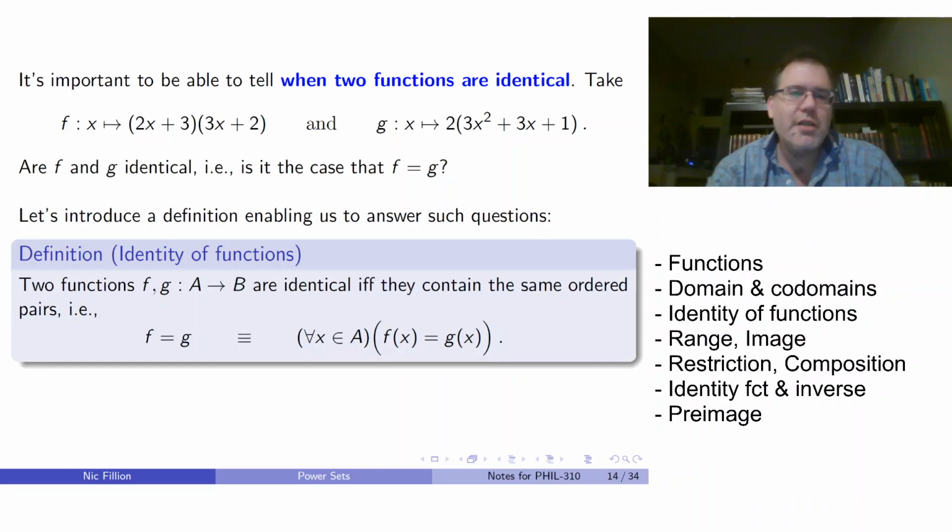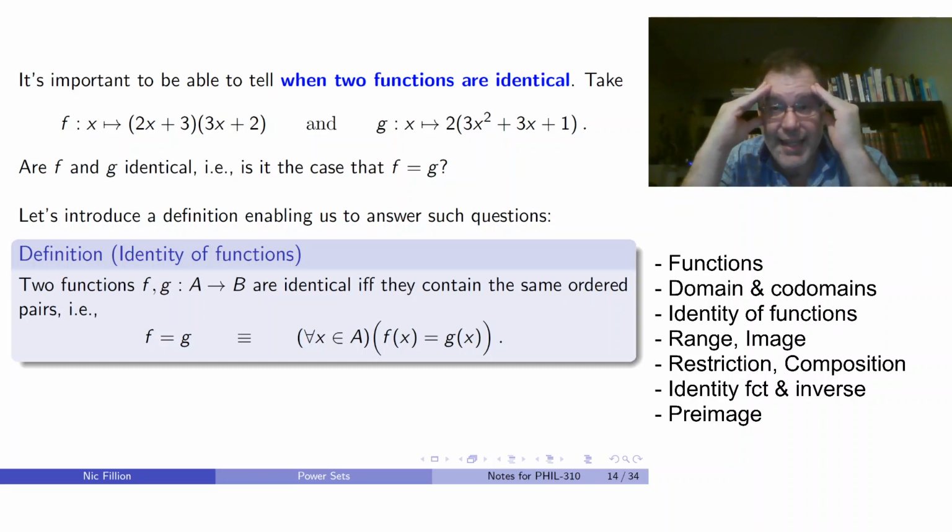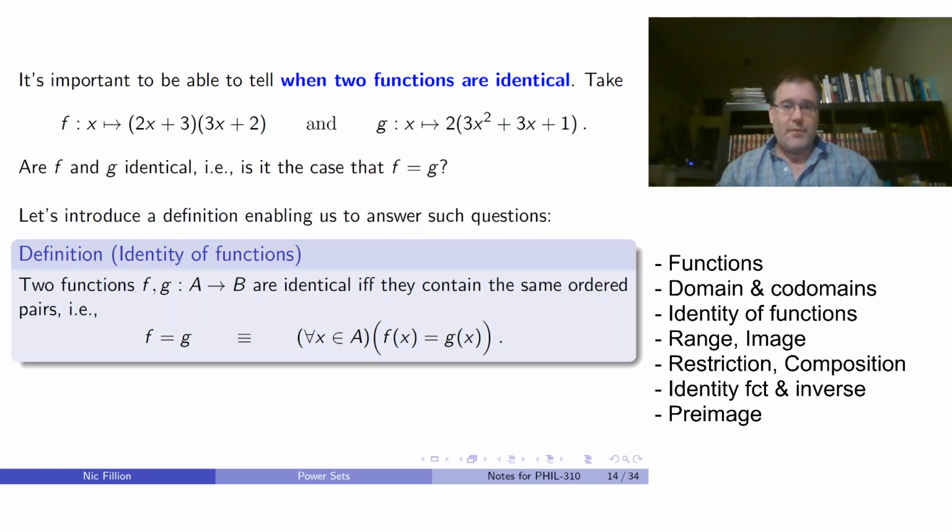So two functions, sometimes we're going to list like f, g to say f and g are both functions with domain A and codomain B. And we're going to say those two functions are identical if and only if they contain the same ordered pairs. That is to say, for all elements of the domain, f of x equals g of x.